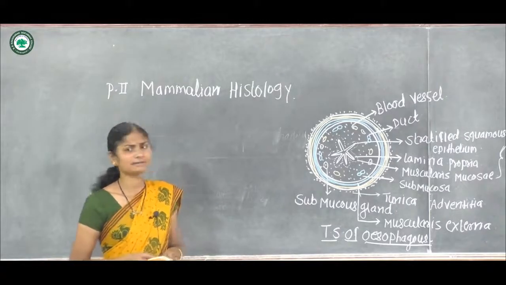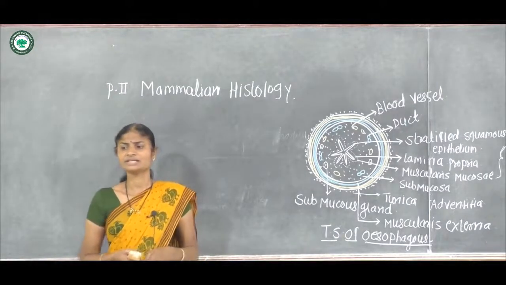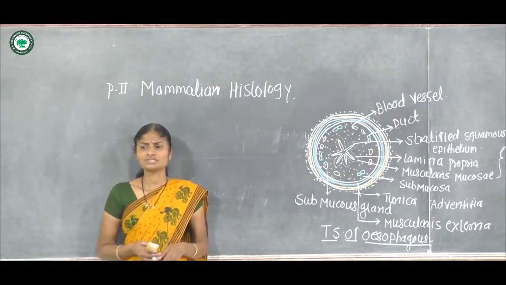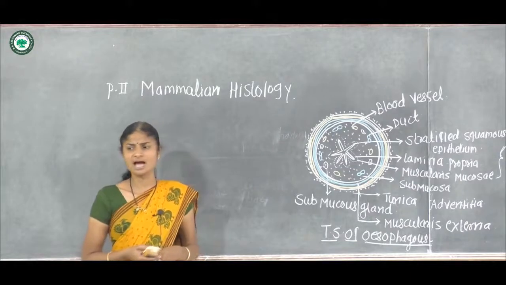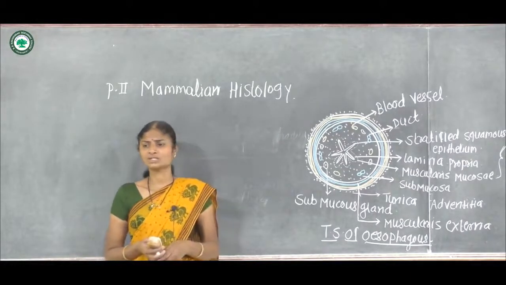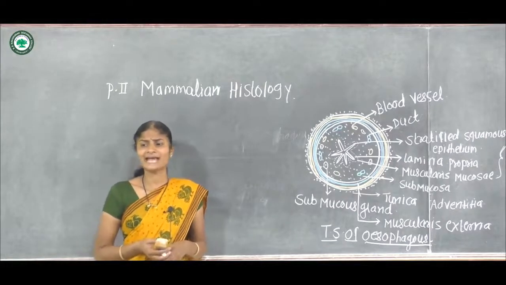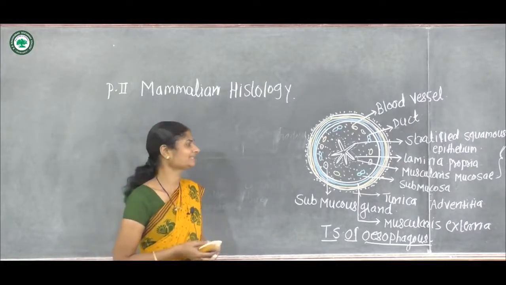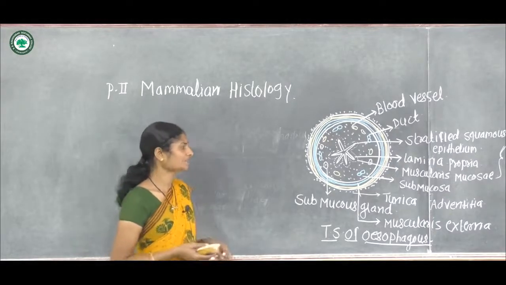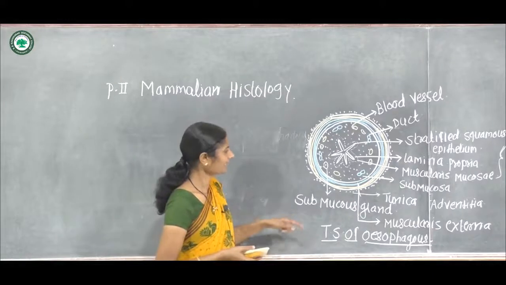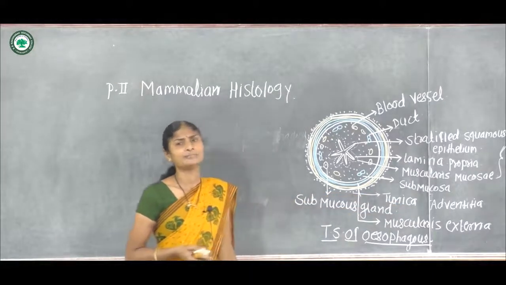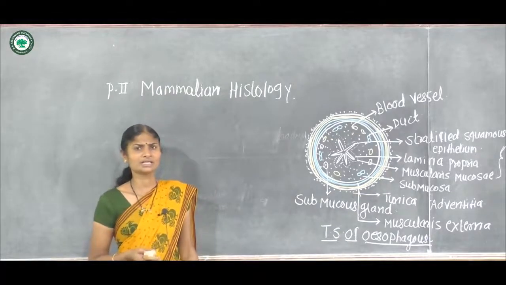Lamina propria generally forms papillae in the epithelium. Esophageal cardiac glands are present in the lamina propria region. Esophageal glands are also present in the submucosa layer and adventitia. The tunica adventitia is the outermost layer present in the esophagus.